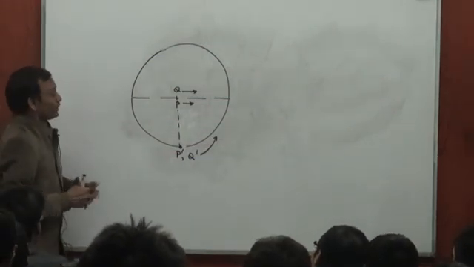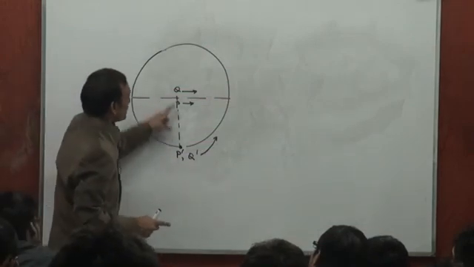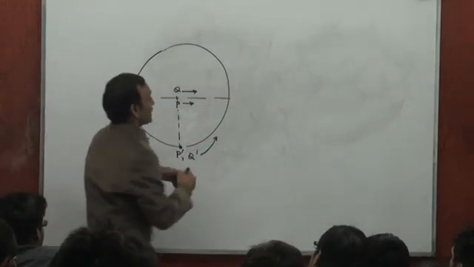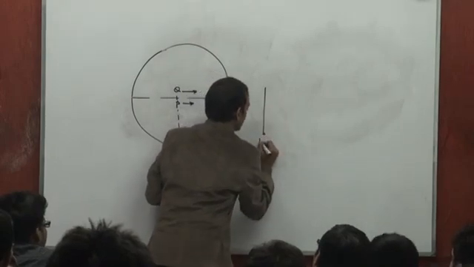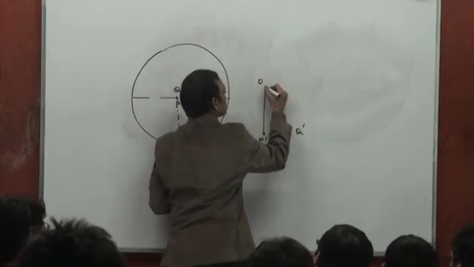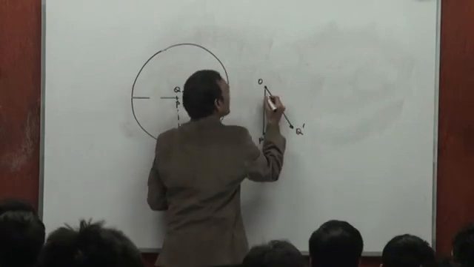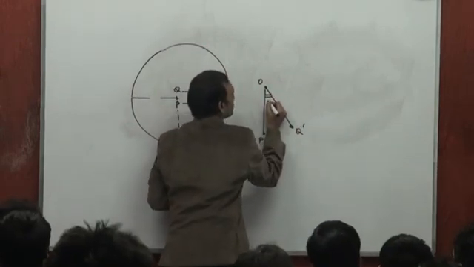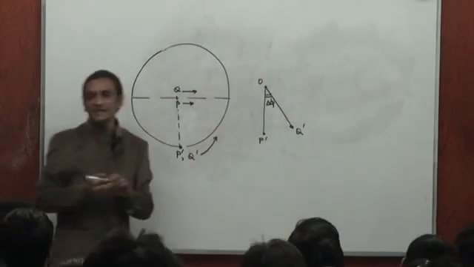Now, if you join P prime to the mean position and Q prime to the mean position, like I said, if P prime is here, Q prime is here, and this is the mean position O, then this angle would be the phase difference between the two oscillators.